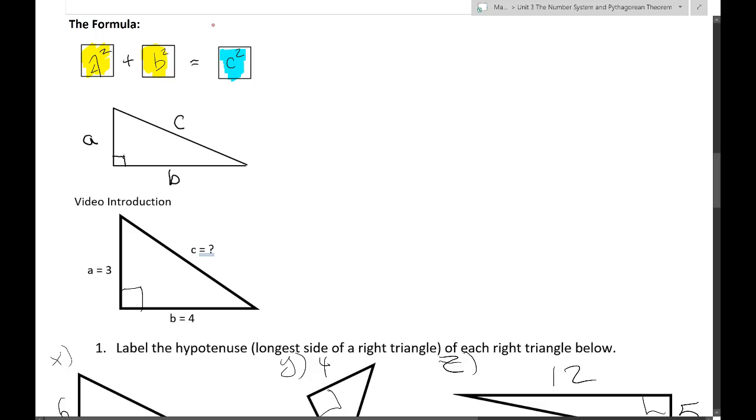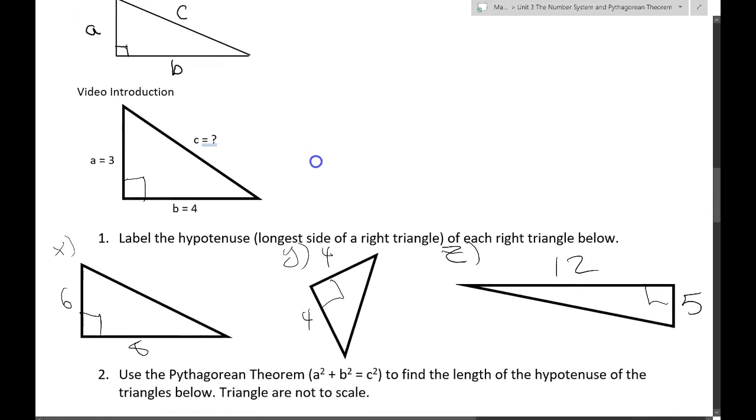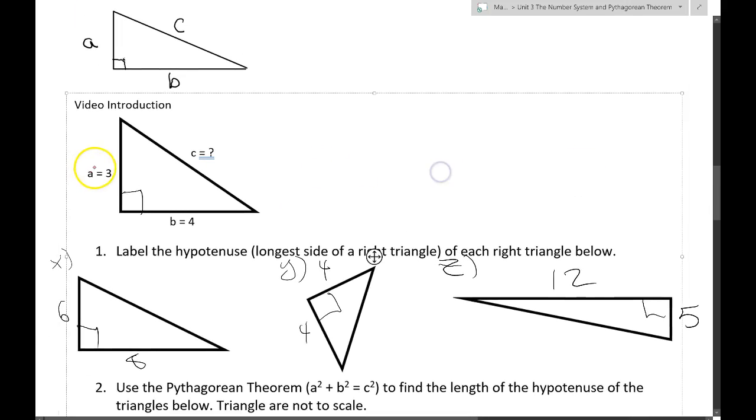Great. So what we're going to do now, using that formula, is solve if we have A, if we have B, and if we have C. The first step every single time, please note, every time, is to start by writing a squared plus b squared equals c squared.